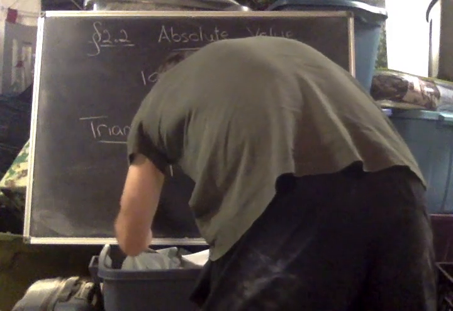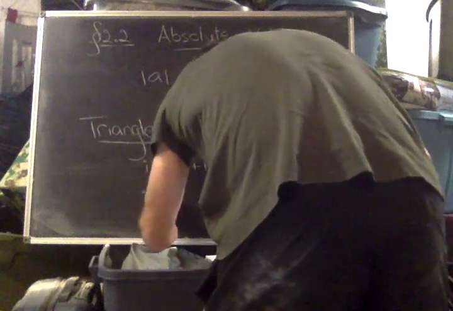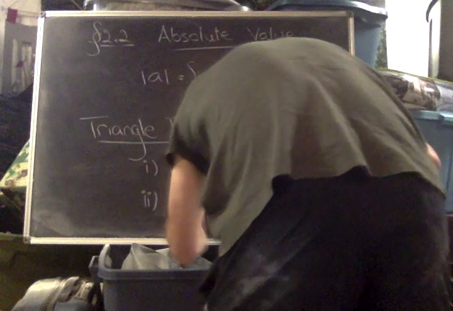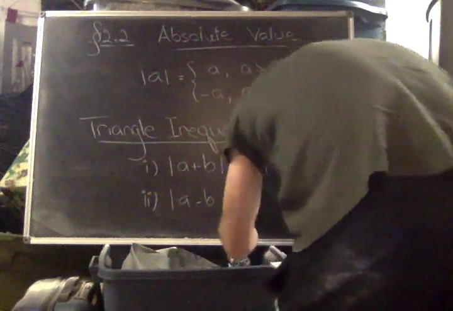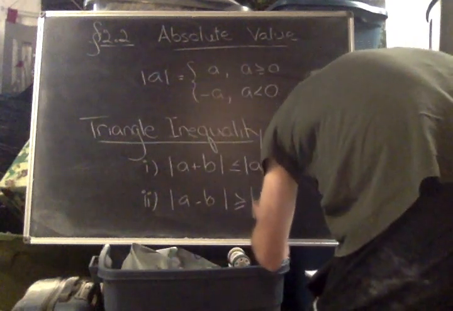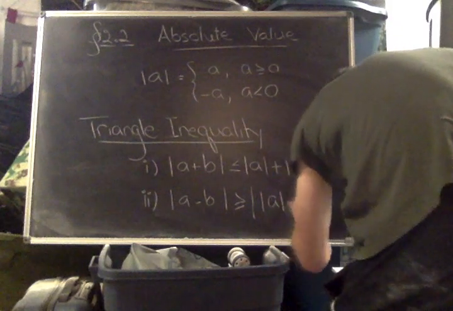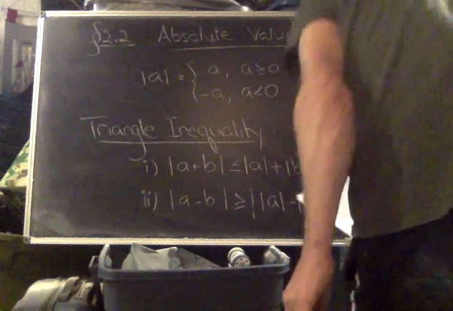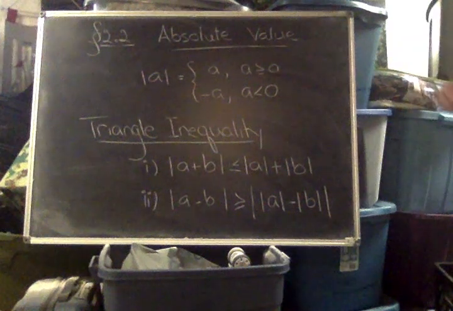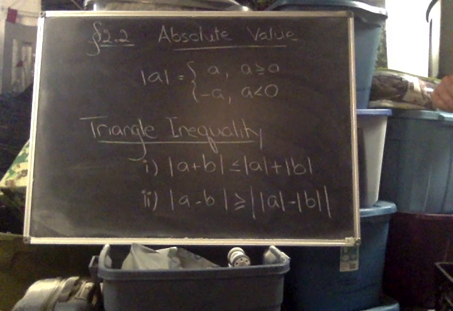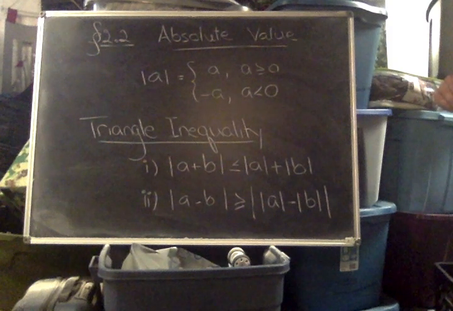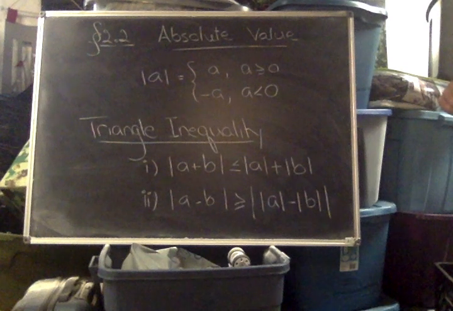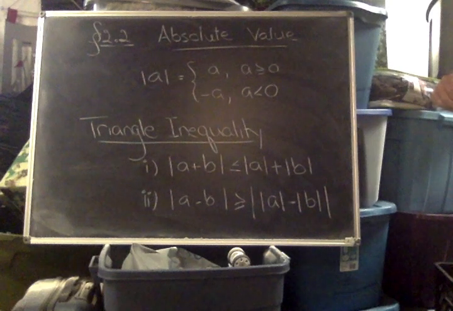And the second sort of goes the other way, and it tells you that the absolute value of a minus b is always greater than or equal to the absolute value of the difference between the absolute values of a and b. Okay, so one inequality involves a plus b, the other involves a minus b. One gives you a less than or equal to situation, the other a greater than or equal to situation. You should know both of those facts about the triangle inequality.